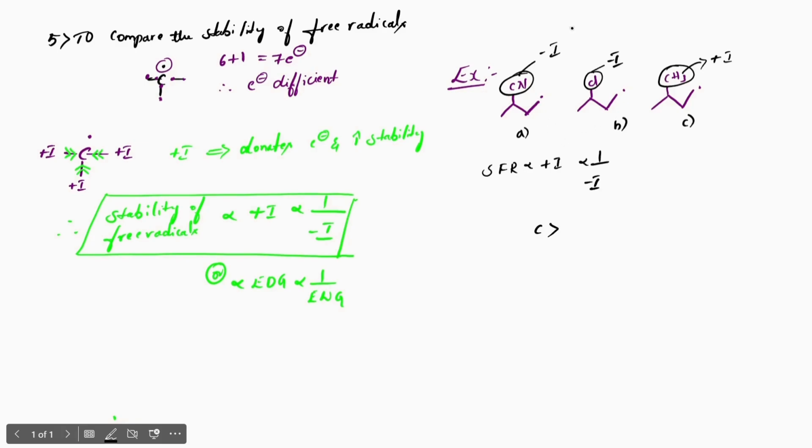Okay, coming to next, we know the order of power of negative inductive group, that is CN, then CHO, then COOH, then fluorine, chlorine, bromine and iodine. This is the order. So in this order, when compared to CN, Cl is less electron withdrawing group and CN is the most electron withdrawing group.